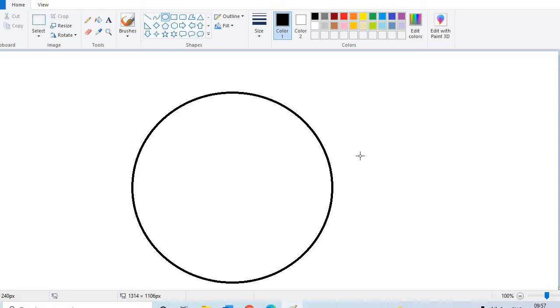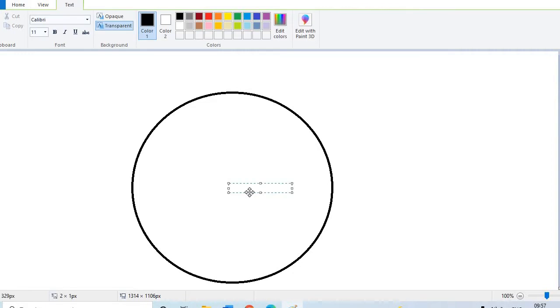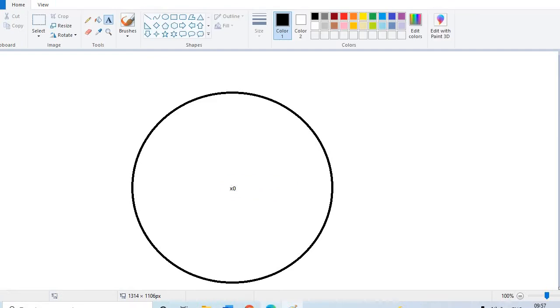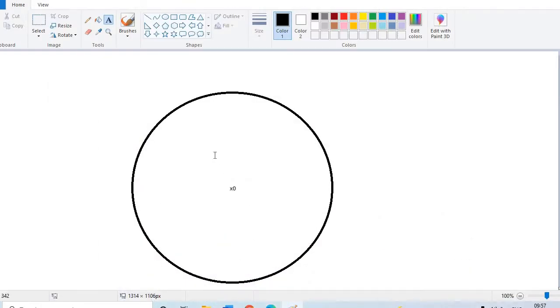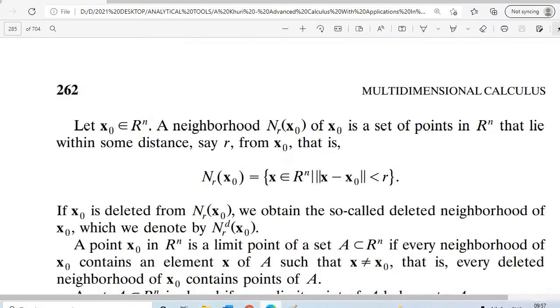Suppose this is a disk, and let us consider a point x0. This is the center point x0. So we shall say a set of points is a neighborhood if it satisfies two conditions.